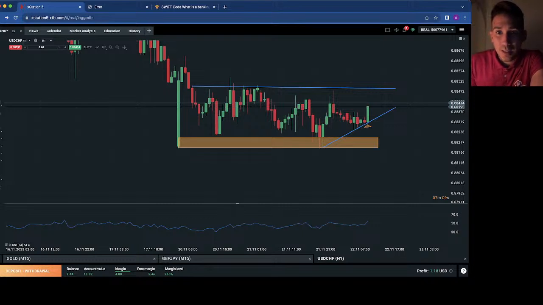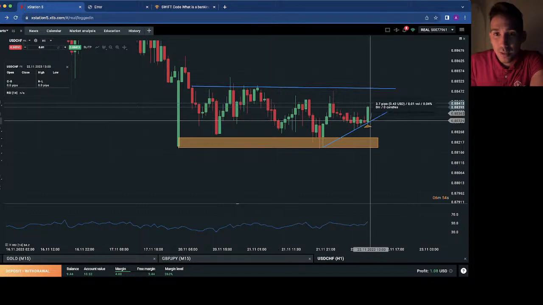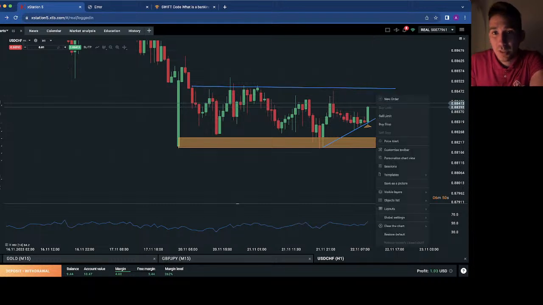But for me, it was not clear enough. I need another confirmation, some other kind of pattern, but it didn't happen for me. But it was a great opportunity, a great chance. See, here you have like 20, if you would take that, that'd be 15 pips. Yeah, nice trade. And if it breaks up, then much better.